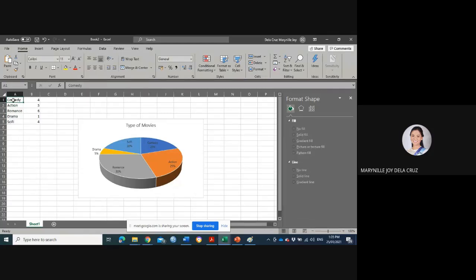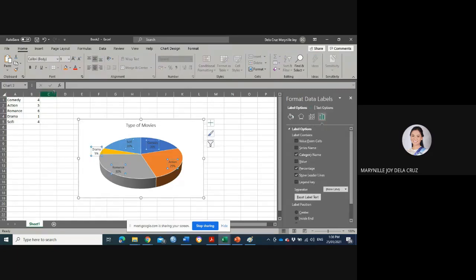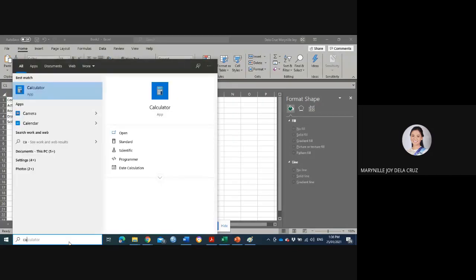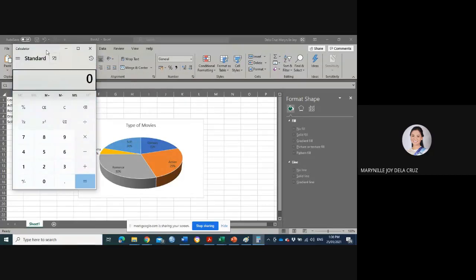So comedy is 4, action is 5, romance is 6, drama is 1, sci-fi is 4. To make it in a percentage form, go to calculator kung manual ka.